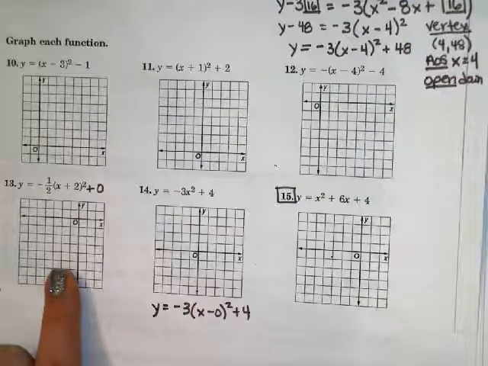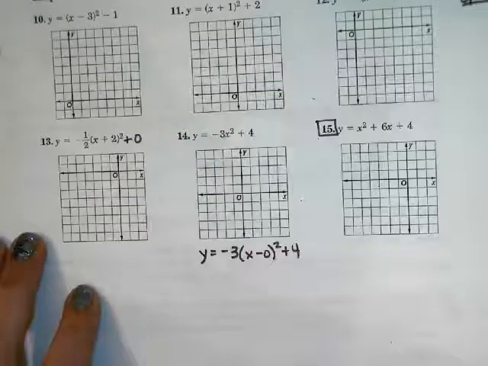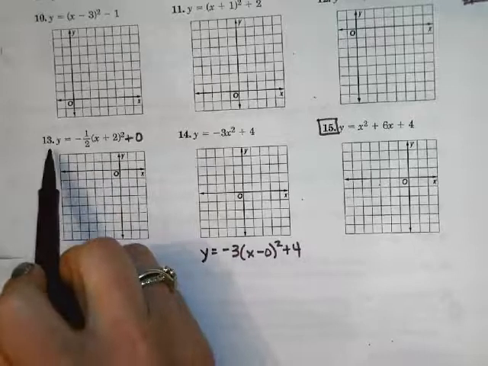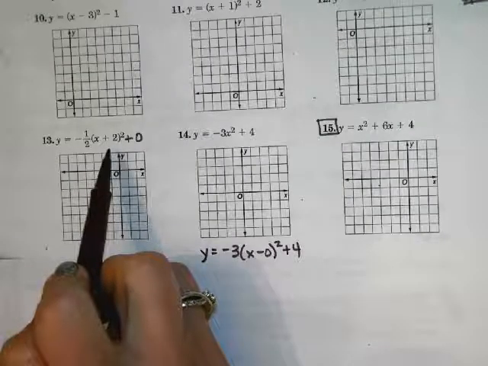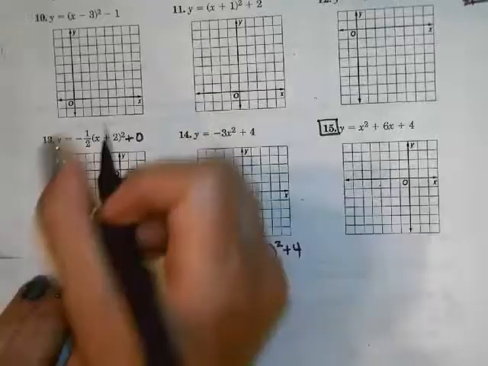And I told Sasha I would help you graph number 13. So let's graph 13 really quick. Okay, so where's my vertex on 13? It'll be at -2, 0.